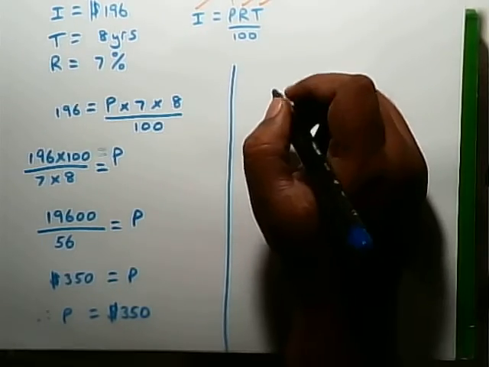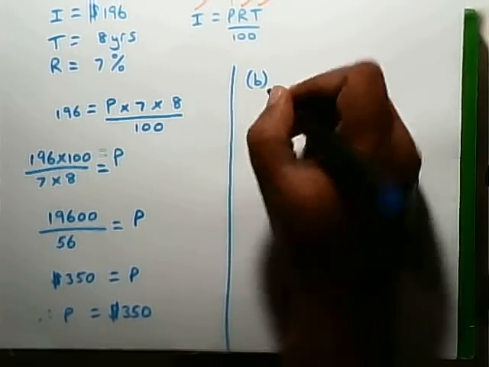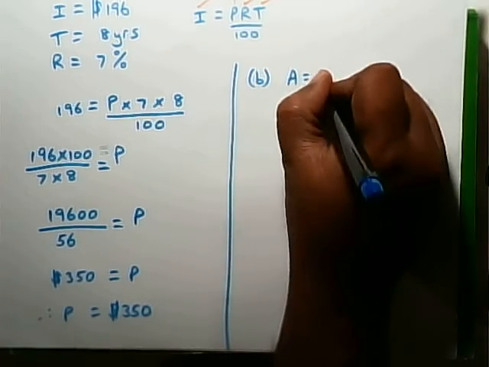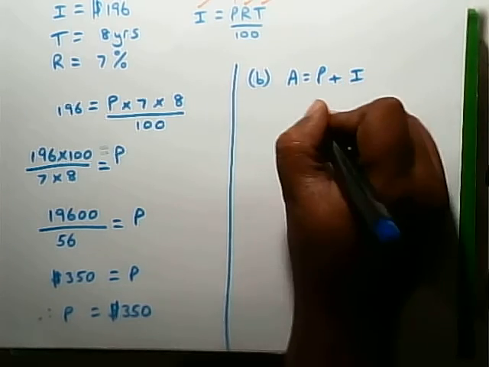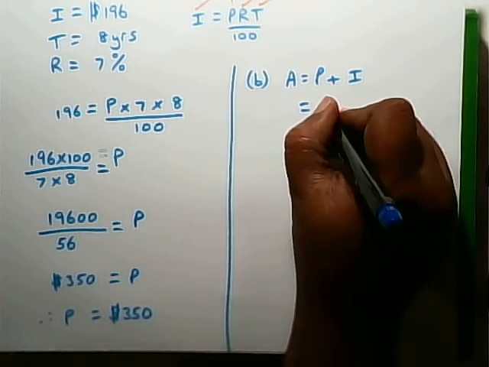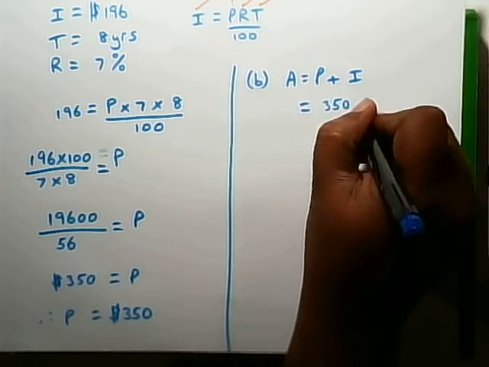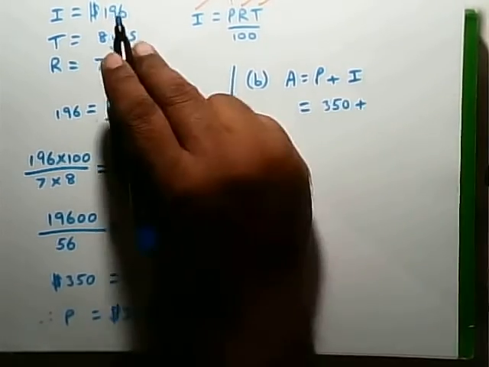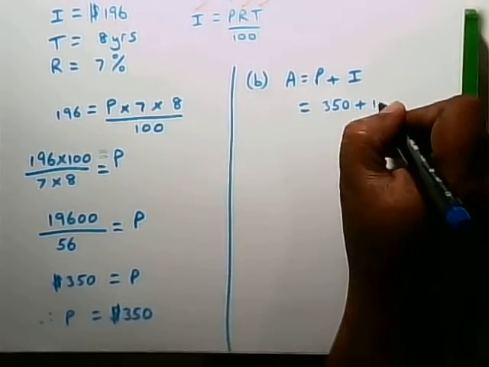By the way, after you do that, you could make a part B. The amount accrued is the principal plus interest, and the principal is 350 and the interest is 196.